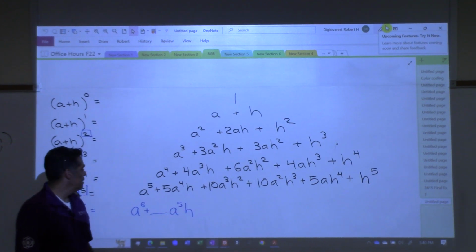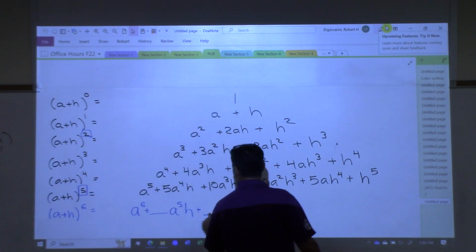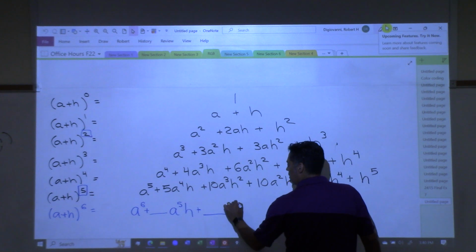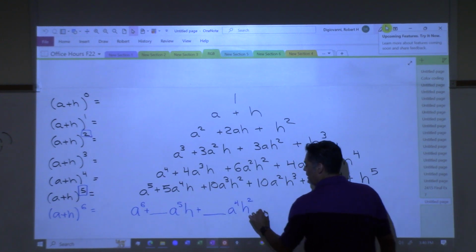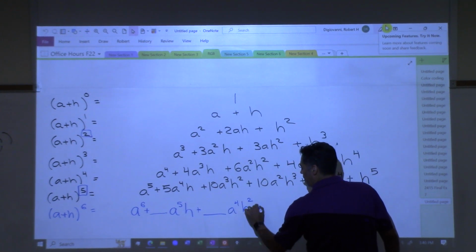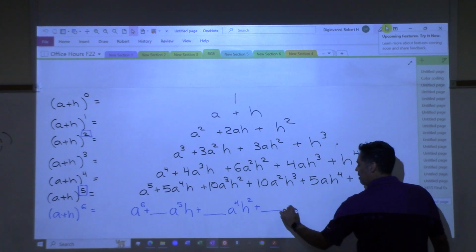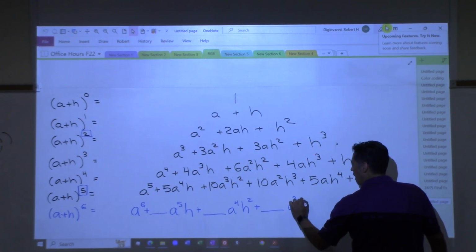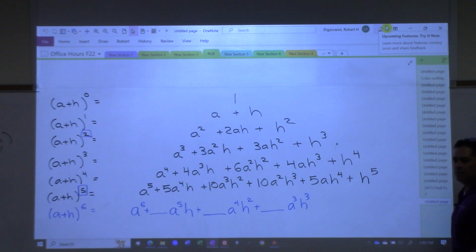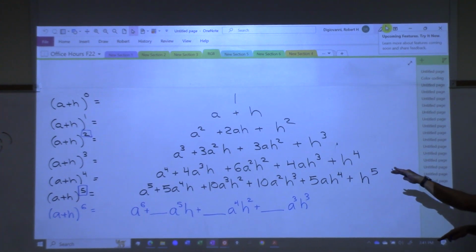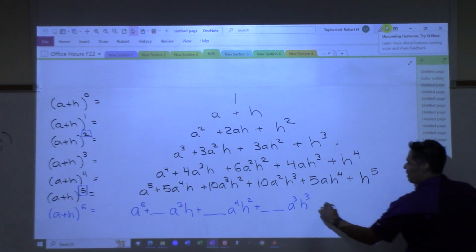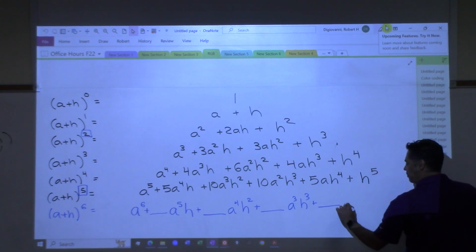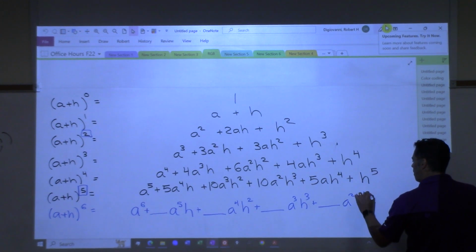And then plus some other number, and then a to the 4th, and then h squared. And then plus some other number, and then a to the 3rd, h to the 3rd. Do you see that a is coming down, h is coming up? Plus some number, a squared h to the fourth.